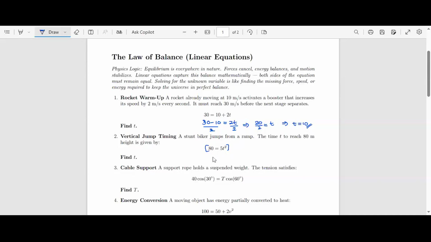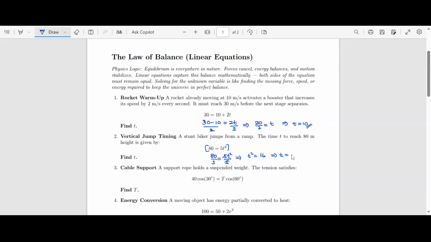As I said earlier, you have to isolate t squared, so you divide both sides by 5. You're left with t squared equals 80 by 5, which is 16.